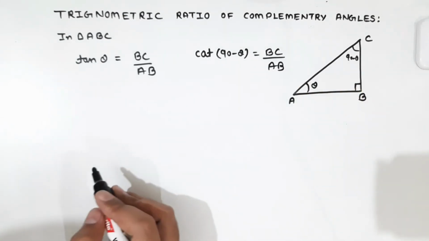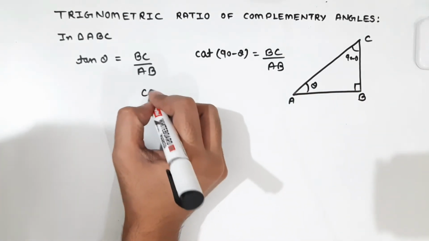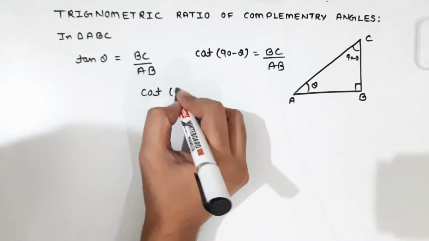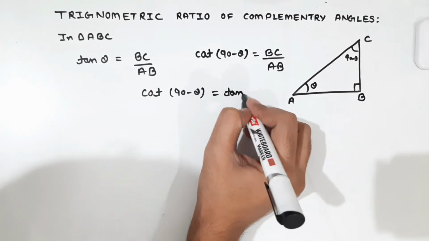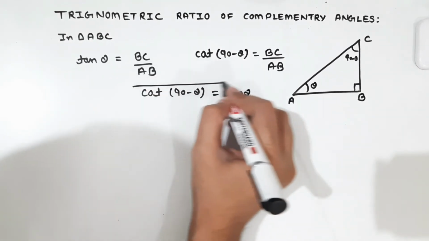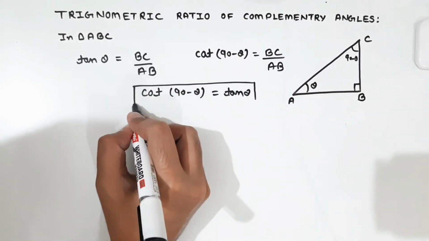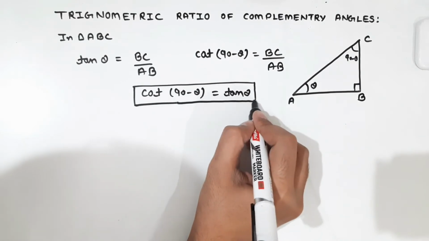So from here we can say cot 90 minus theta will be equals to tan theta. This is our third conclusion.